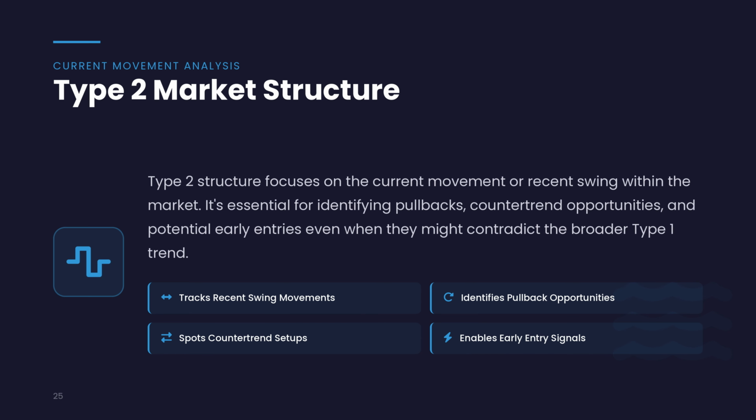When Type 1 is bullish, but Type 2 is temporarily bearish, you're potentially seeing a pullback that offers a buying opportunity. When Type 2 then shifts back to bullish, making higher highs and higher lows again, that's your signal that the pullback is complete and the trend is resuming.